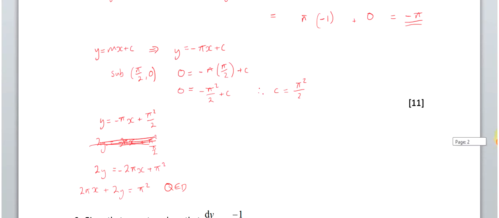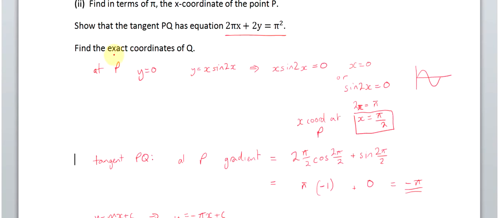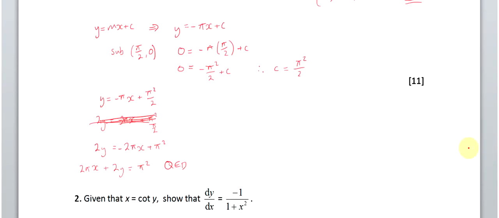Then the very last part of it, find the exact coordinates of Q, and remember the word exact, that means there's not going to be any decimals, it's going to have pi's left in it in this case. So when x equals 0, then y is equal to minus pi times 0 plus pi squared over 2, which of course is pi squared over 2, so point Q is at 0, pi squared over 2.